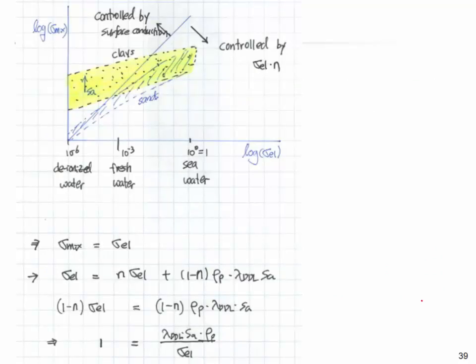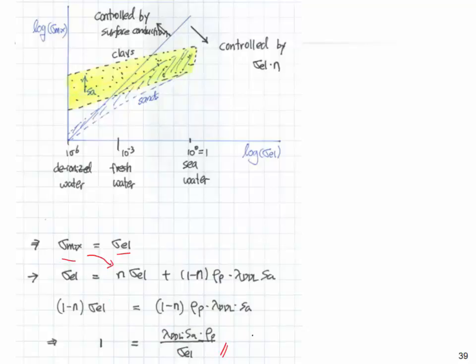Here, this is to get some idea about the contribution by the surface conduction. So when the mixture conductivity is the same as the electrolyte conductivity, then you can expand it with this one. And when you manipulate the equation, you come up with this equation.